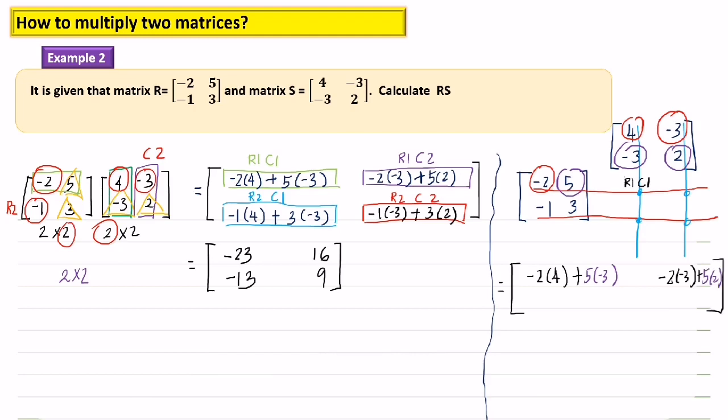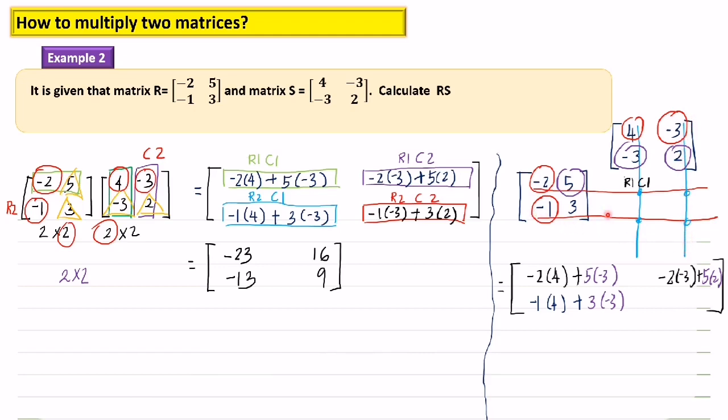Okay, so after settling the first row, now we go to the second row. Negative 1 times 4 plus 3 times negative 3. So now the last one is second row, second column.